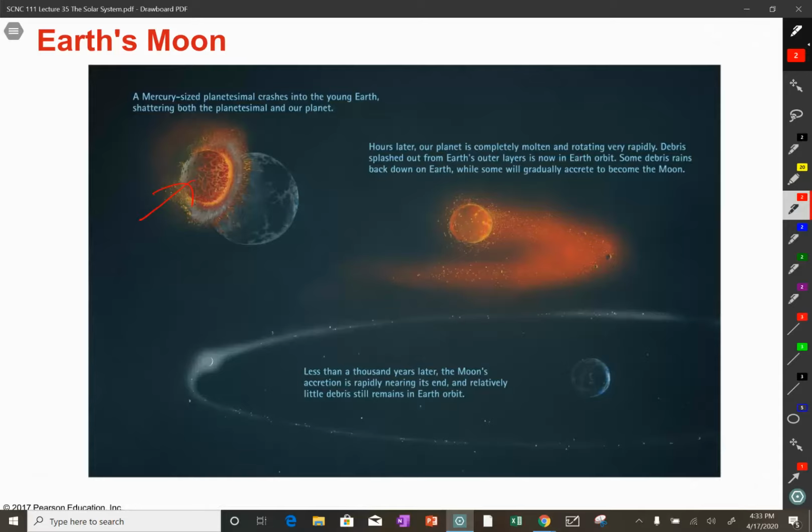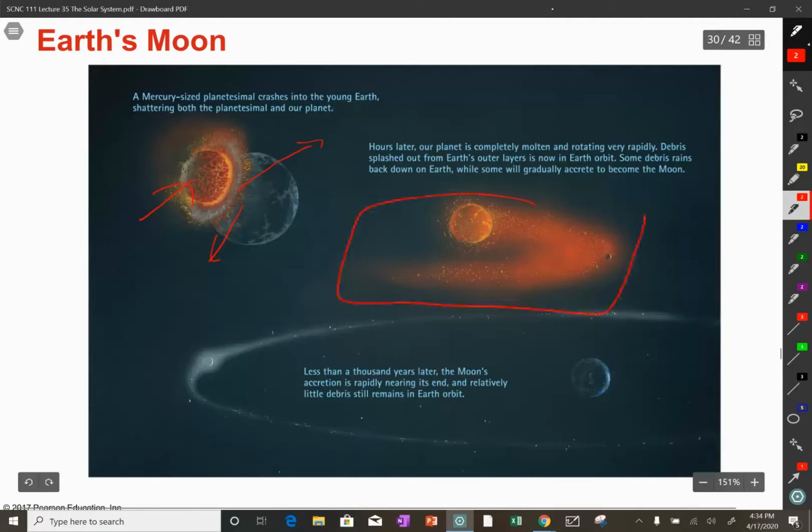It would cause basically the entire surface of the Earth to melt, and it would blow a huge amount of the Earth's surface up into orbit around the Earth. And so you have all of this debris orbiting the Earth. This picture here is the second picture with all the debris orbiting the Earth. And see, the Earth is molten now because of all of the energy of that impact that's heated it up.